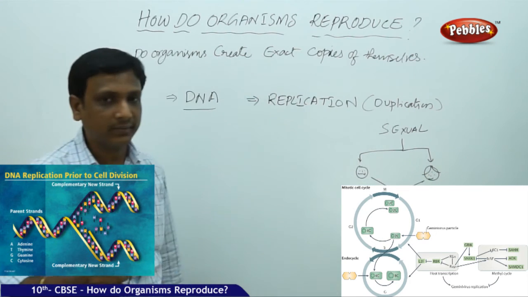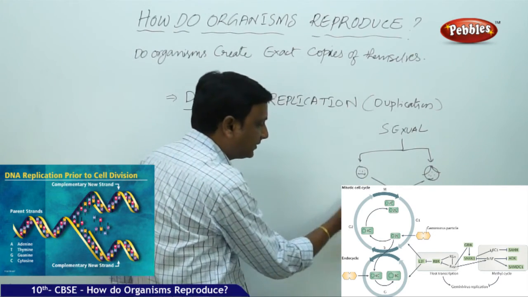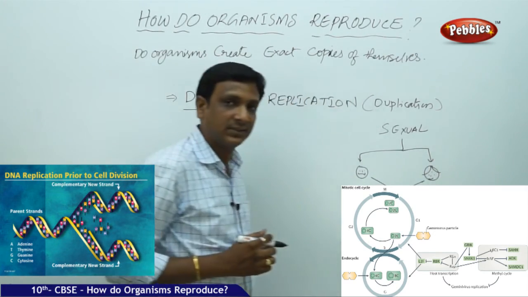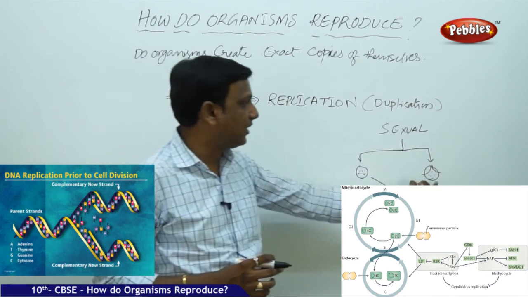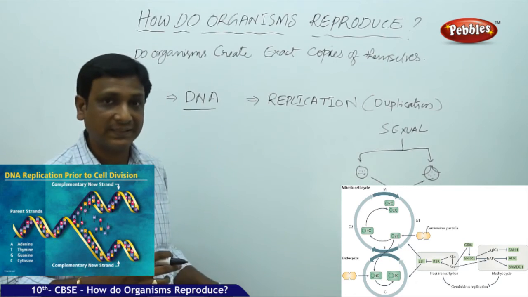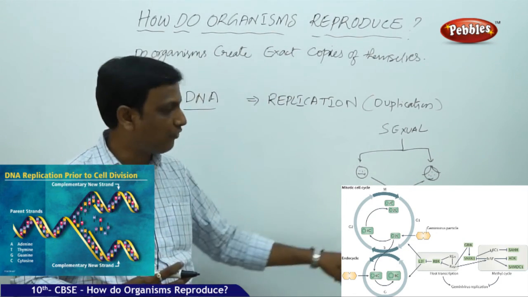So how can this young one be exactly identical to either of them? Because in sexual reproduction, the DNAs of the two organisms are mixed together to form a new DNA.